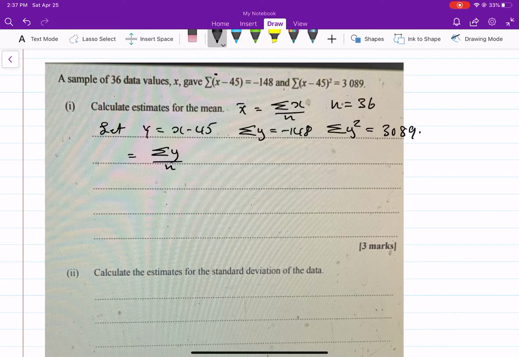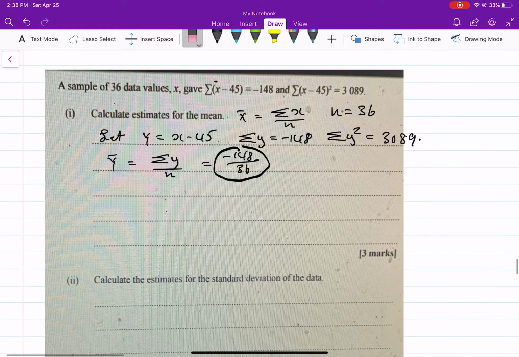Sigma y is minus 148, n is 36. Minus 148 over 36 is about minus 4.11 to 3 significant figures. But I'll keep the full value because I might need it later on. Actually, forget about 4.11 because I really don't need y bar. I need x bar. The question is, is y bar related to x bar?